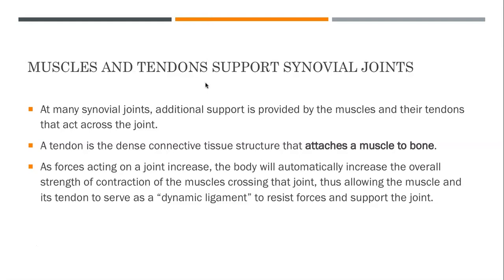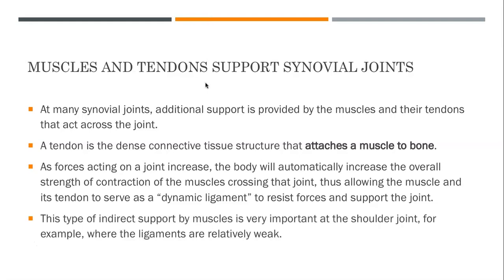That allows the muscle and its tendon to serve as what they call a dynamic ligament. It just resists forces and supports the joint. That type of indirect support by muscles is really important, for example, at the shoulder joint, because those ligaments are relatively weak, but the muscles and that indirect support of that dynamic ligament supports it.